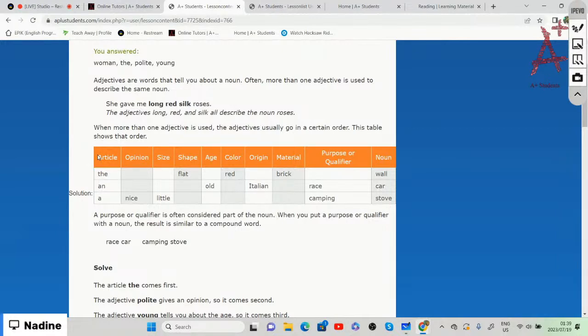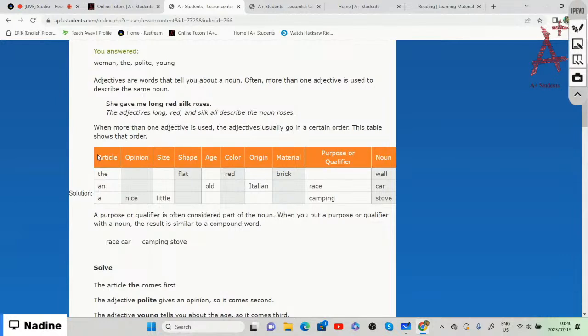Then we have our noun, because remember, an adjective tells us about a noun.